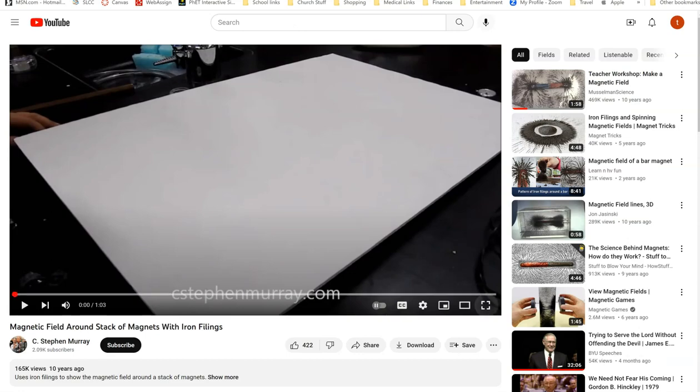So in this video clip, this is just a piece of poster board, I think, and then he is going to sprinkle out iron filings, so little pieces of iron.